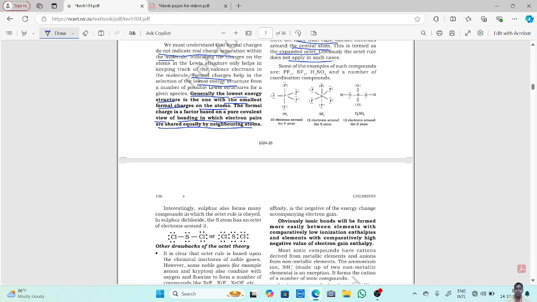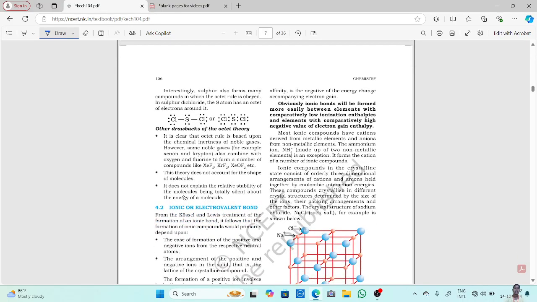PF5 has a total of 10 electrons around the P atom. SF6 has 12 electrons around the sulfur atom, and again H2SO4 has 12 electrons around the sulfur atom. Now, interestingly, sulfur also forms many compounds in which the octet rule is obeyed.